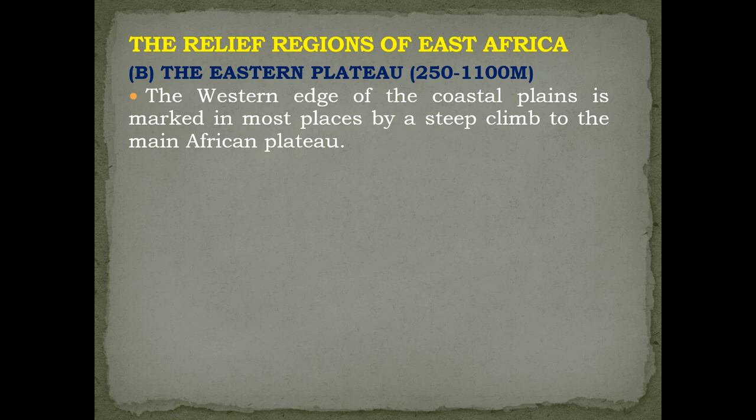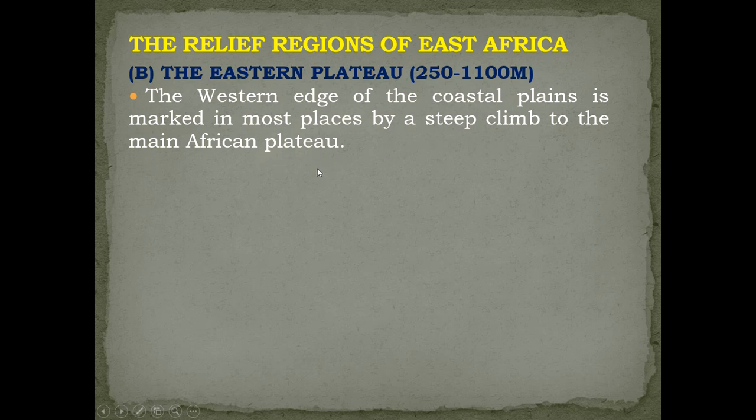So to the western part of the coastal plains, as you're moving into the interior, we come across a reef region or a landscape which comprises mainly the plateau. And that's why we say the western edge of the coastal plains is marked in most places by a steep climb to the main African plateau.